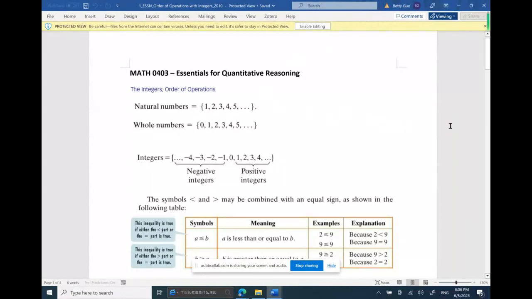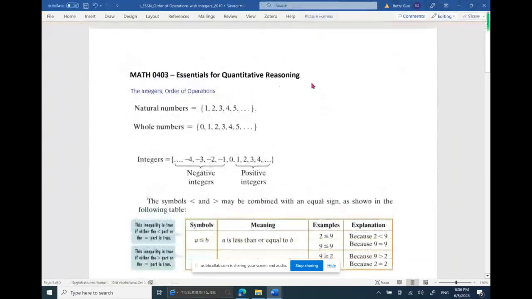When we have multiple operations in one algebraic expression, what's the correct order to process those operations? Should we do the multiplication before the addition or the division before the subtraction? Do we have a certain order? Yes, we do. Today we are going to talk about the rules of the correct order of operations.